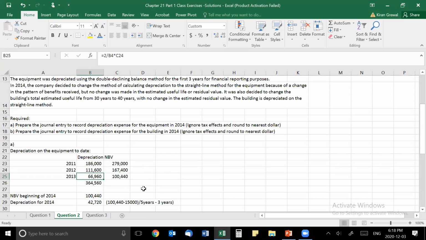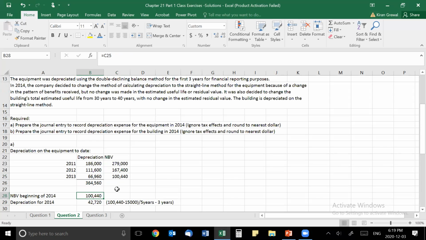And then lastly, take your 167,400, multiply it by 40%, 66,960. I take that minus the 167,400. So in total, the depreciation amount is 364,560, and your net book value at the end of the 3 years, or at the beginning of 2014, so the beginning of the 4th year, is 100,440.